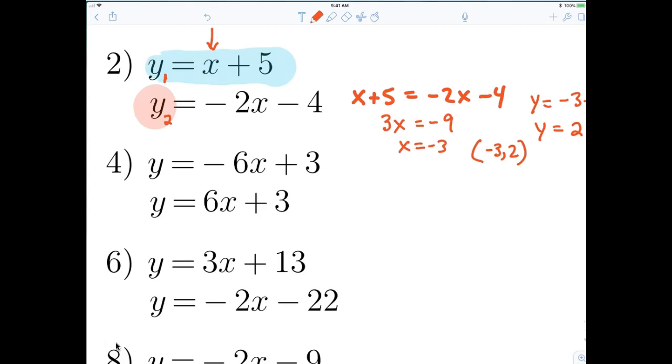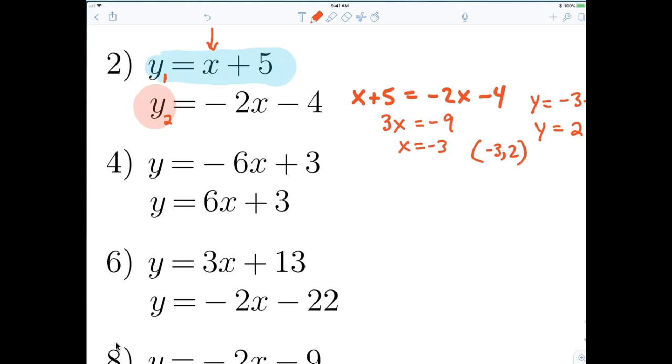And what do you know? What comes up? We did it: negative 3, 2. A very nice little thing you can do with your calculator. All we're doing with the calculator today is checking your work.